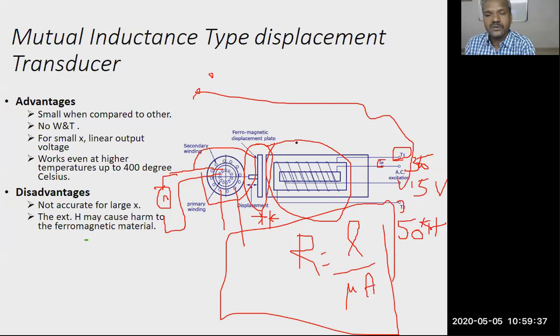The T1 and T2 work better. A single arm in the Wheatstone bridge, sorry, the AC bridge, is replaced by T1, T2.